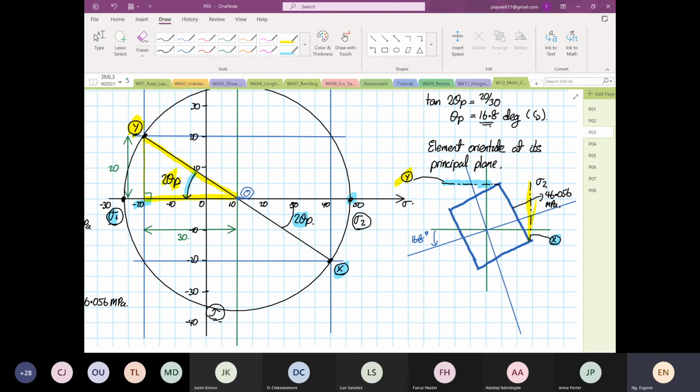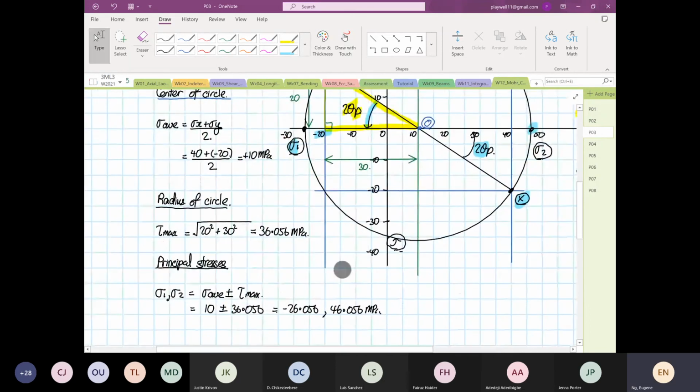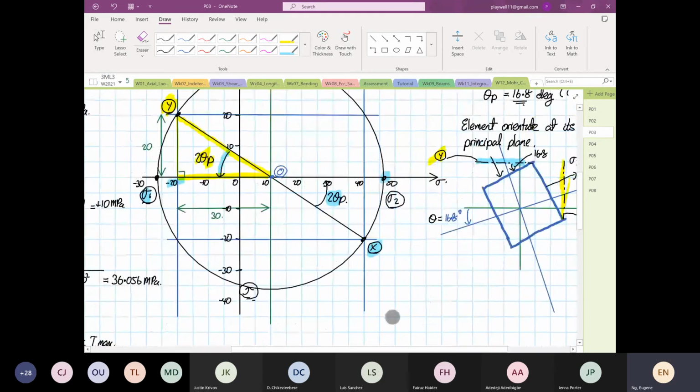For this case, we only rotate by theta p, 16.8. So this angle is 16.8, and the value reached is theta 1, which is in compression. This will be equal to 26.056.